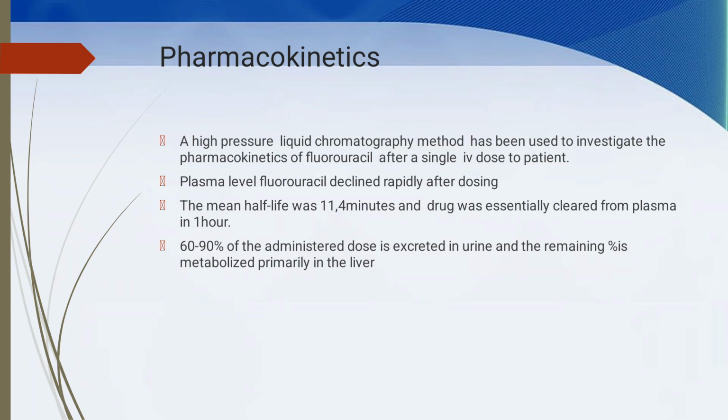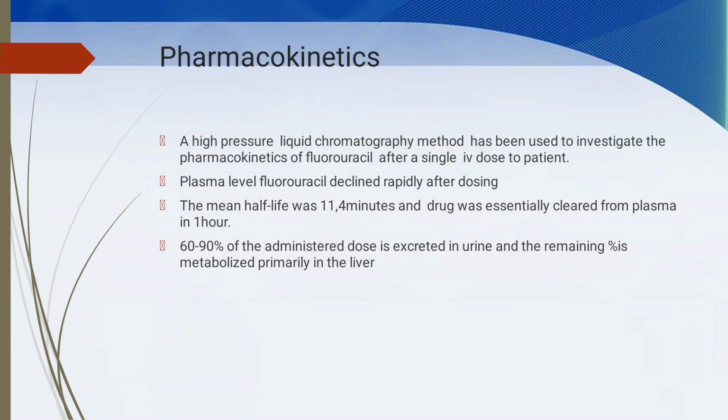Now I'm on pharmacokinetics. So, a high-pressure liquid chromatography method has been used to investigate the pharmacokinetics of fluorouracil after a single IV dose to patients. The plasma level of fluorouracil declined rapidly after dosing. The mean half-life was 11.4 minutes, and the drug was essentially cleared from plasma in an hour.